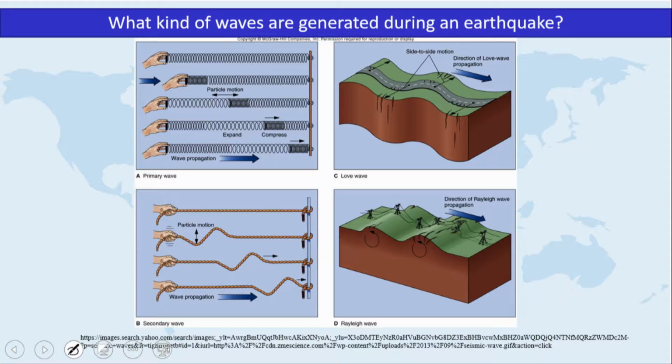From the epicenter, they radiate through the entire body of the earth, and when they reach the surface, they create the Love waves and Rayleigh waves. The Love waves have the property that they shake sideways.